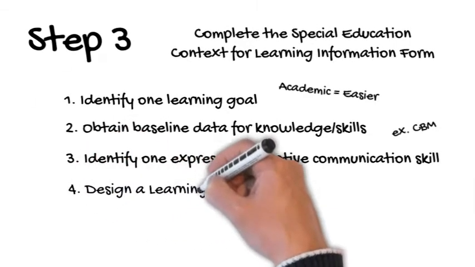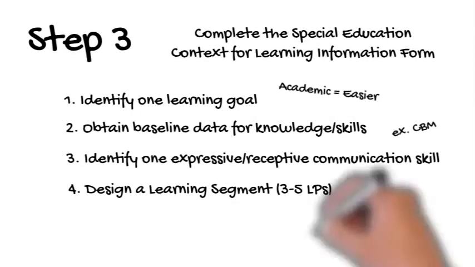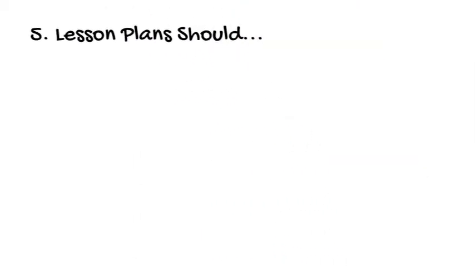4. Design a learning segment. Again, this is 3 to 5 consecutive lessons addressing the learning goal. Note: your segment may cover multiple objectives and skills, but you will only document one for this part of the edTPA. 5. Write a lesson plan for each lesson in the learning segment.